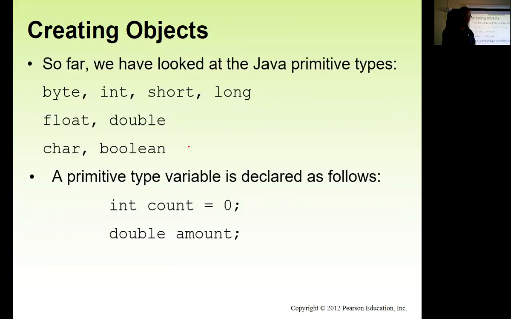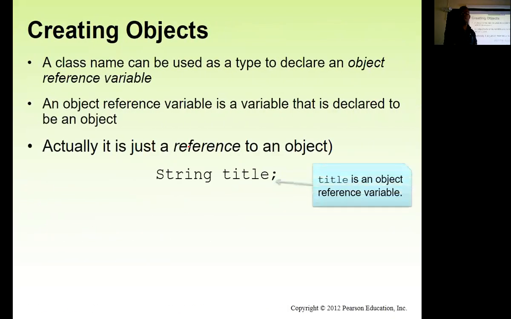Primitive types, that's how they work. Now, a class name can be used to declare an object reference variable. Now, an object reference variable is declared to be an object, but it's not really an object, it's a reference to an object. Okay?